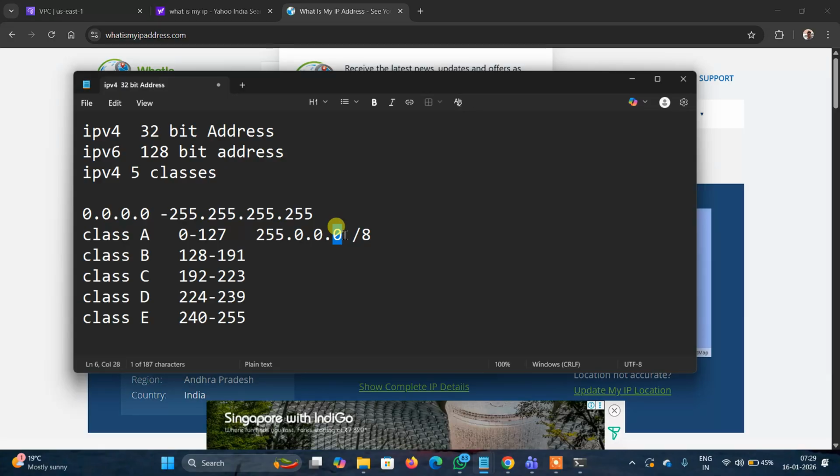Four 8s. So in the first octet, 255 means how many ones are there? 8 ones. So if it is /8, it means 8 ones.